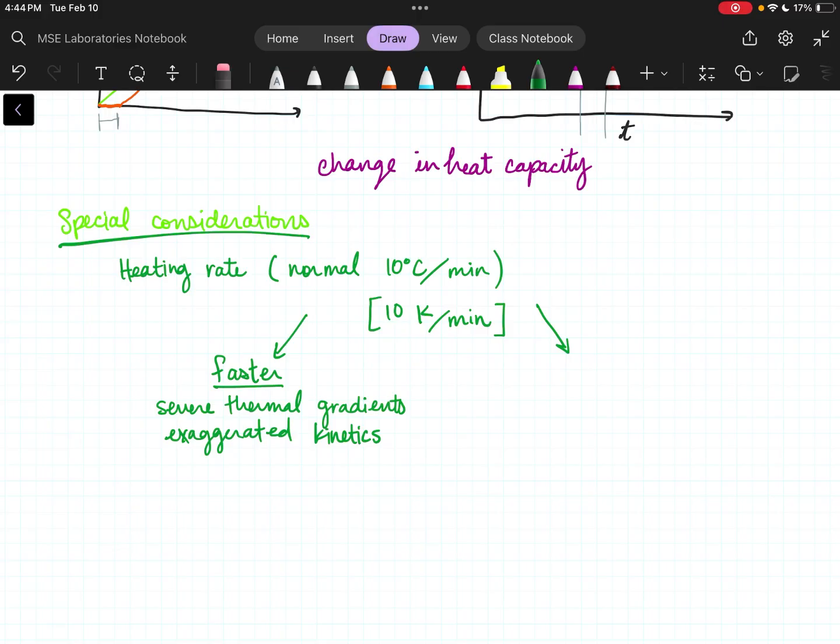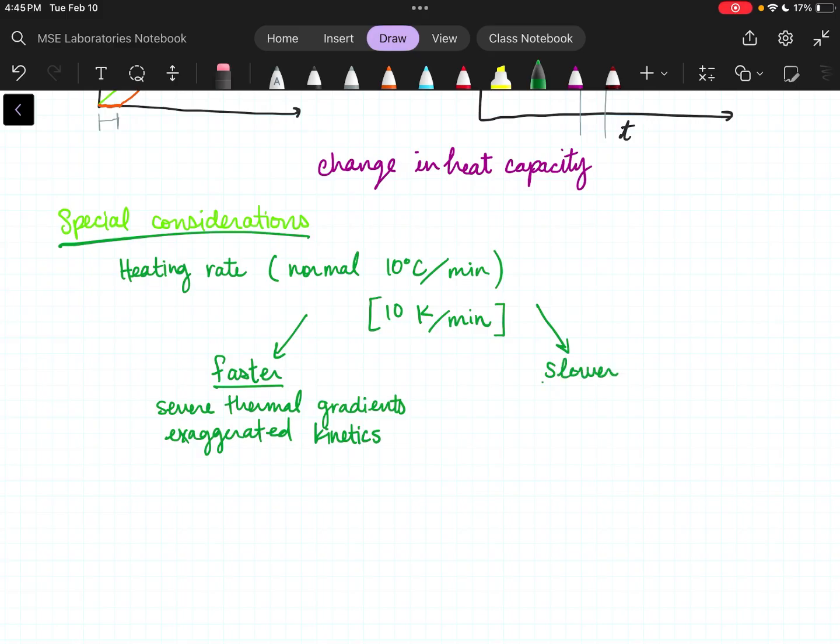We know for a fact that that's not true, but because of the kinetics and thermal gradients, the ice is trying to keep up with the temperature, and it's going to last to a really high temperature. That's going to make it look like its melting temperature is much higher than it truly is. Okay, so that's exaggerated kinetics. Gotcha. It's going to appear as though our melting temperature is way different than it truly is. So neither of those is particularly ideal.